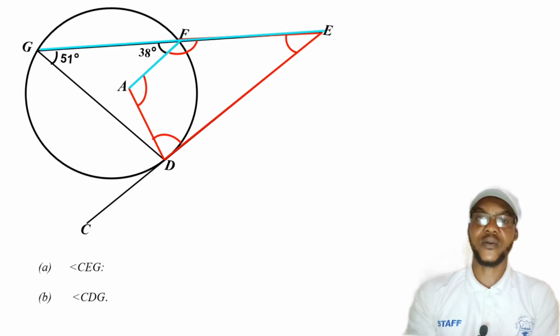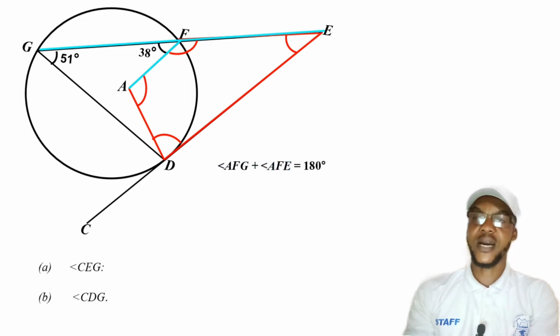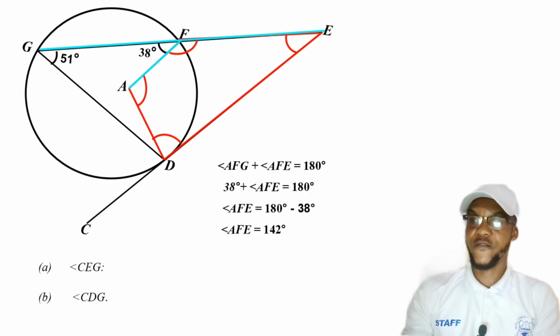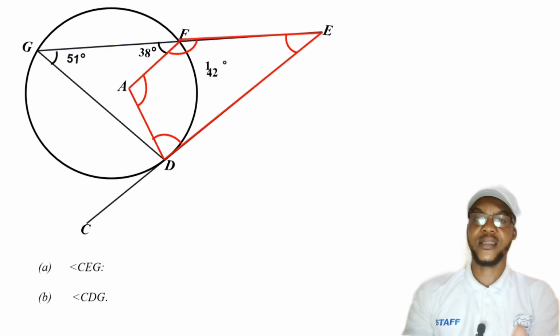They are also angles on a straight line, and angles on a straight line sum up to 180 degrees. So we add the 38 to the angle at F and equate to 180. We find the angle AFE as 142 degrees.